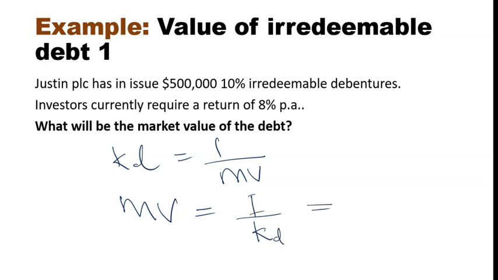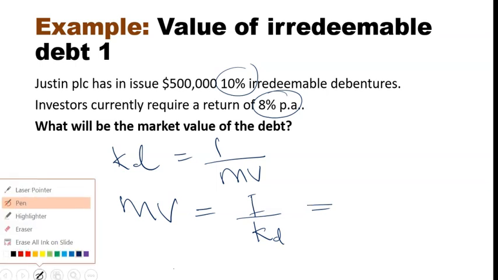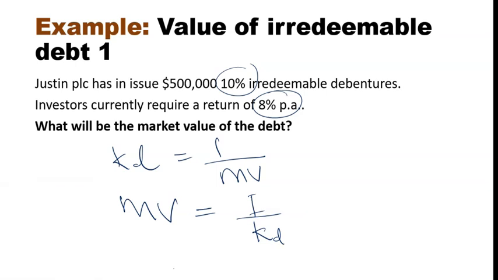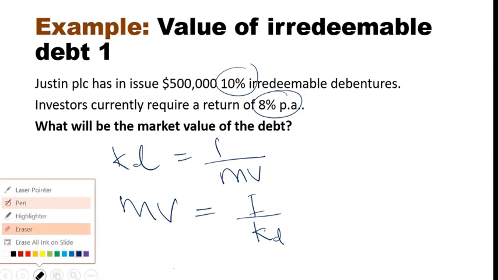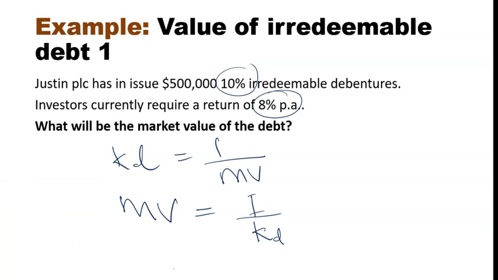The interest in this case is the 10%, that's 10% of 100, that's $10, divided by KD.